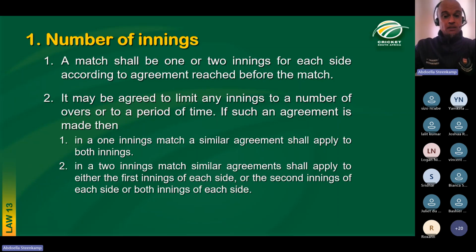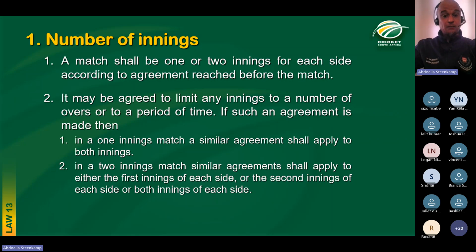Also, in a two innings match, similar agreements apply to either the first innings of each side or the second or both. To go back to my example here in Cape Town, the playing condition states a max of 60 overs per side in the first innings. There was no limitation on the amount of overs in the second innings.